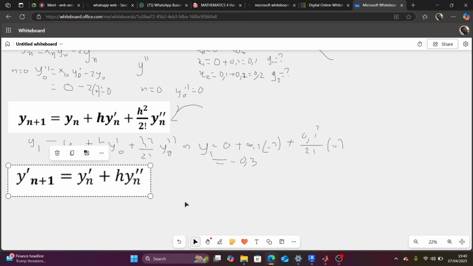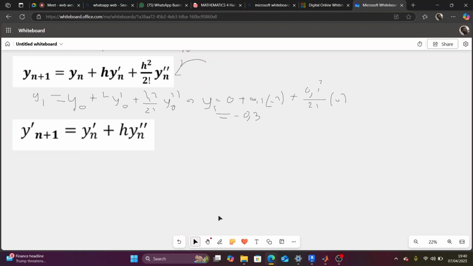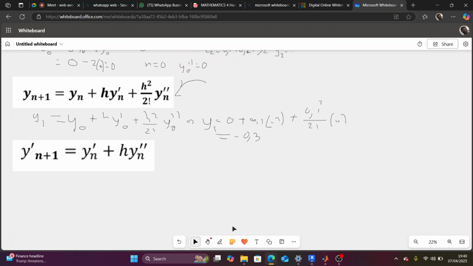Okay, here we go. You use this formula here to solve for y prime. Remember, we are still for n equals 0. If n equals 0, what will you have? You'll have y prime of 1 to be equal to what? Y prime 0, remember n equals 0, plus h multiplied by y second of 0.